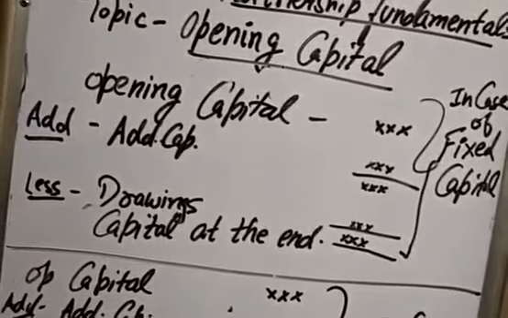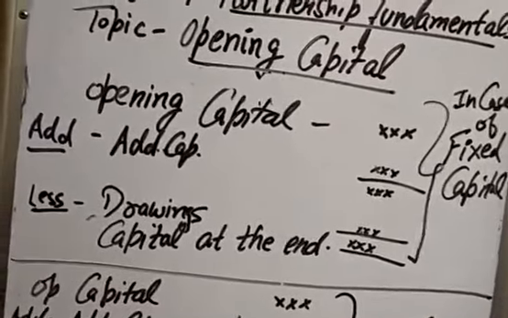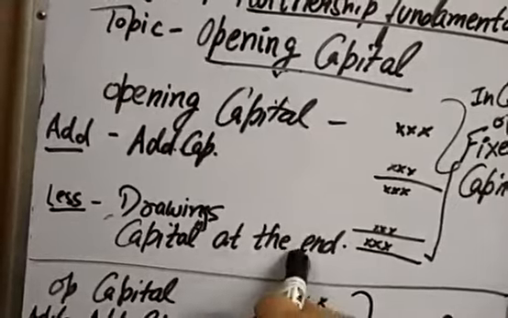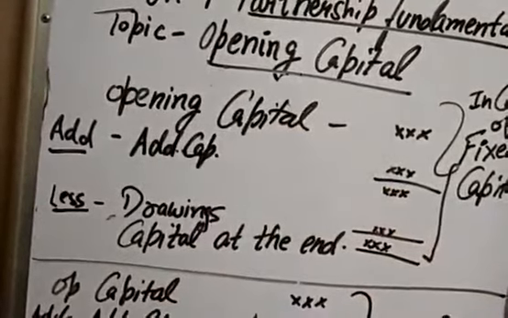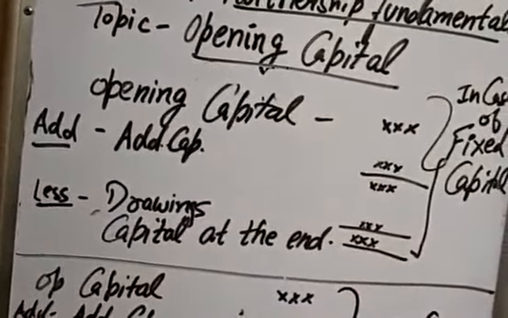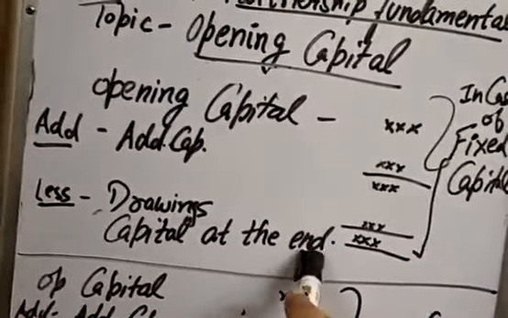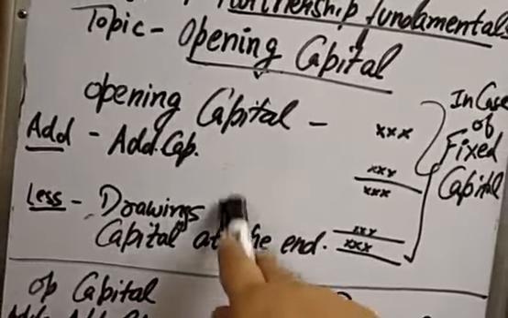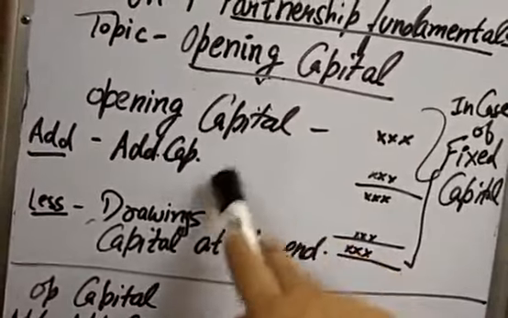Okay, then how will we do it? If capital at the end is given, how will we calculate opening capital? Students, in the question you will be provided with all the information like capital at the end, drawings, additional capital, right?